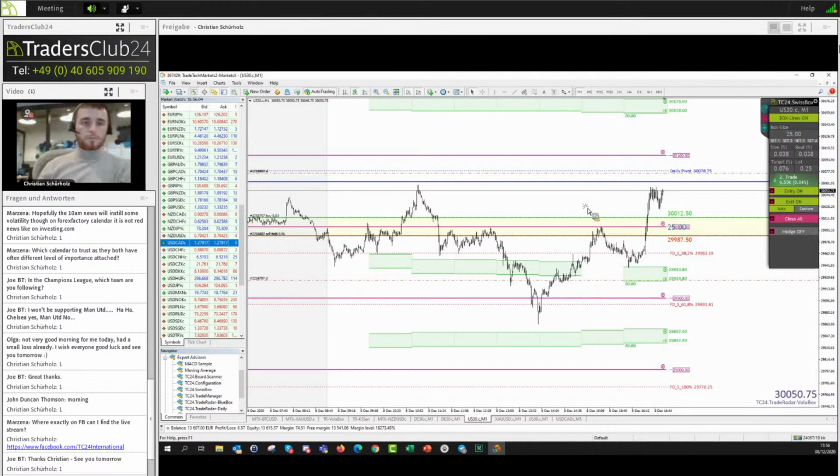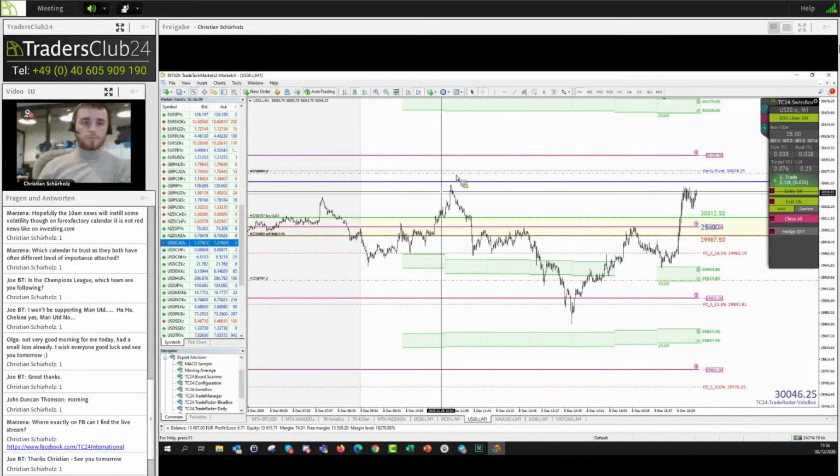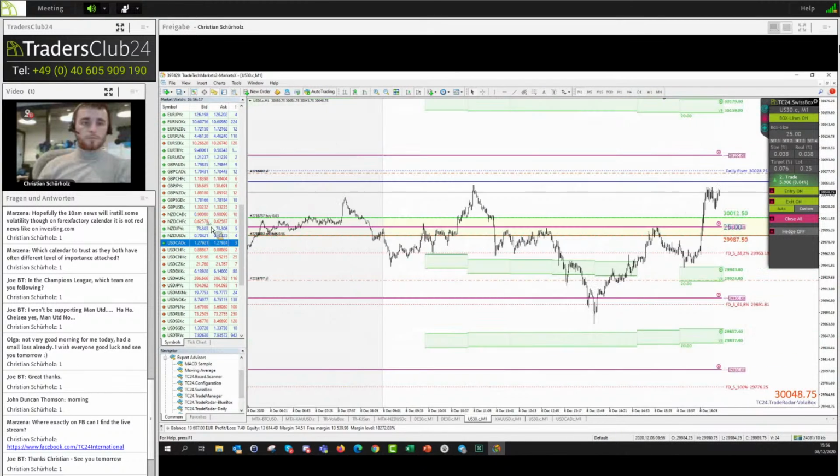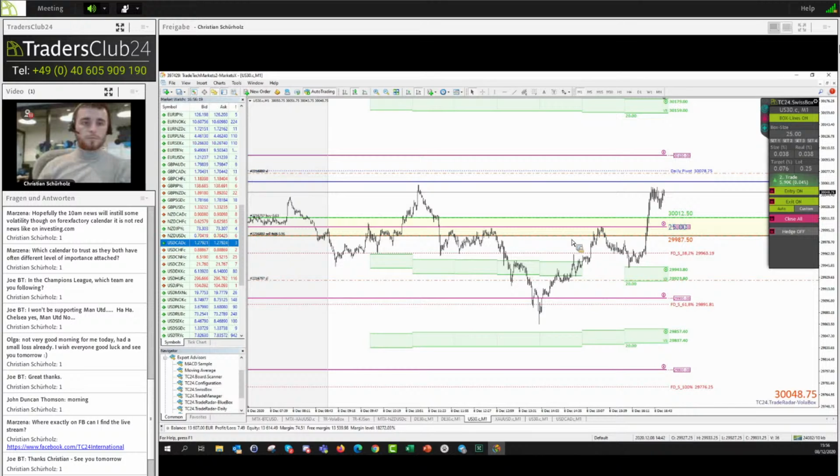Again, it's holding its sort of resistance line here on the Dow. You can see more or less holding a line here. But we don't need so many points.